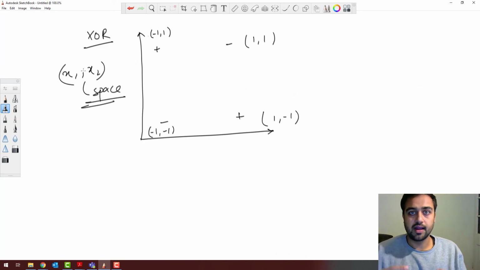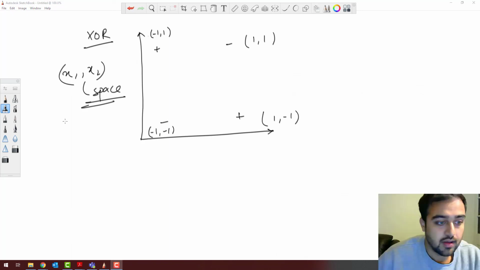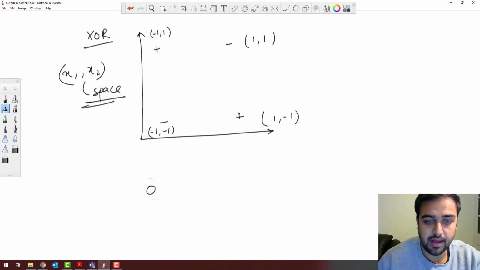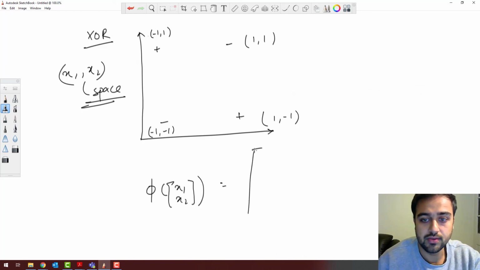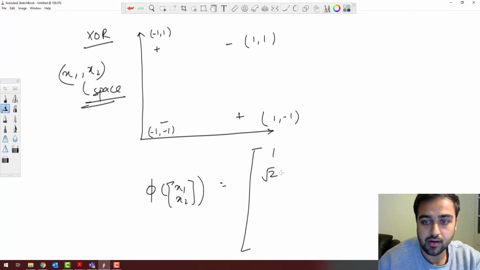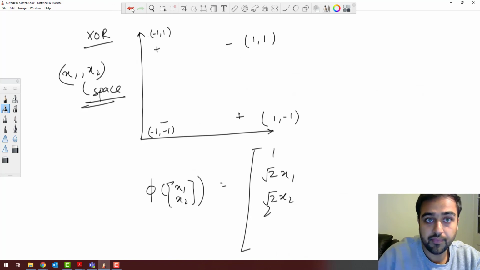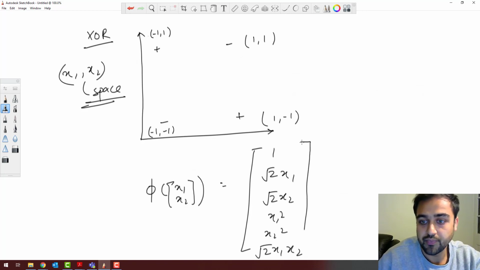Right. Now we'll show how kernelization can affect our XOR function and make it linearly separable in a new feature space. So let's say we use a feature mapping phi of x1, x2 equal to 1, root 2 x1, root 2 x2, x1 squared, x2 squared and root 2 x1 x2.